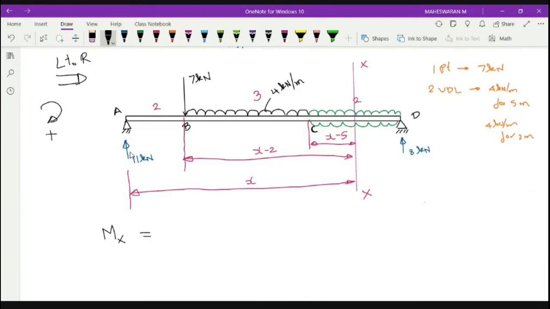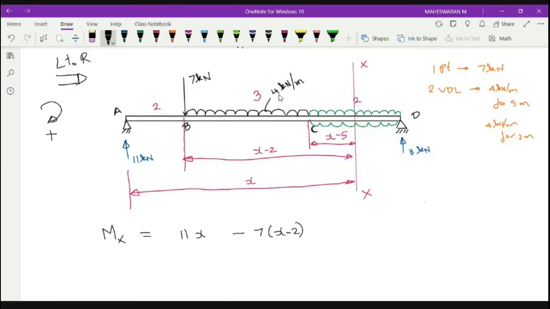So 11 into x. It is rotating in clockwise. So 11x. Next, 7. 7 into x minus 2, force into perpendicular distance. How is it rotated? Anti-clockwise direction. So minus 7 into x minus 2.